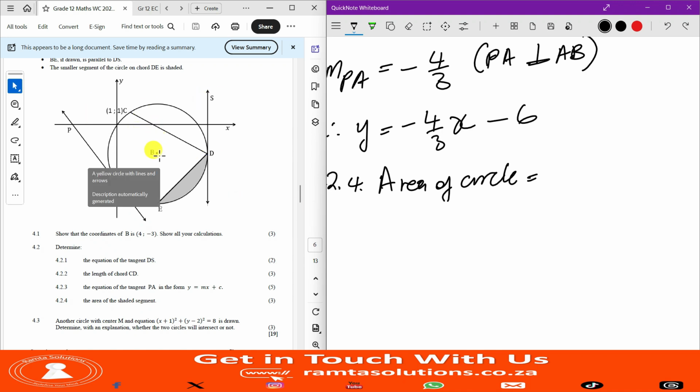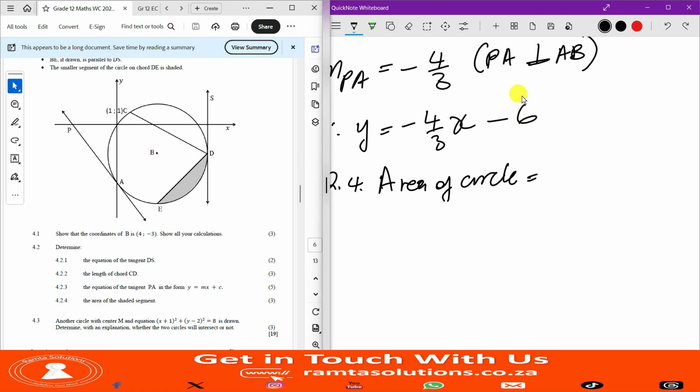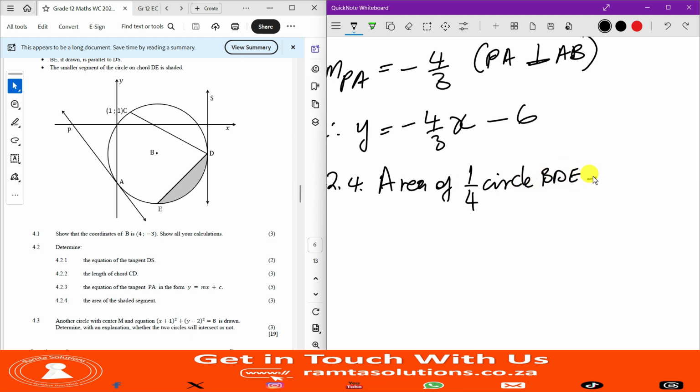Let me just say area of the quarter circle BDE. Area of the quarter circle BDE will be equal to, okay, what is it equal to? Is it even fine to put it like that? Yes, it is fine to put it like that.